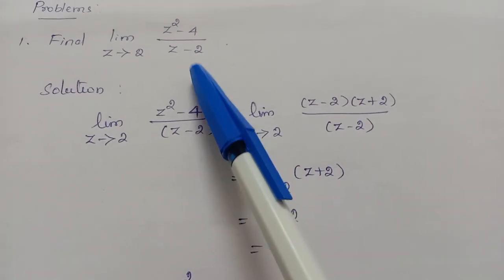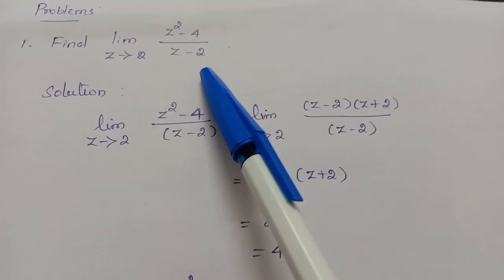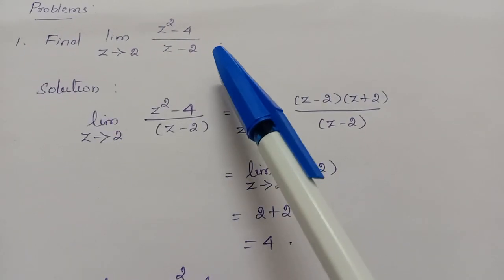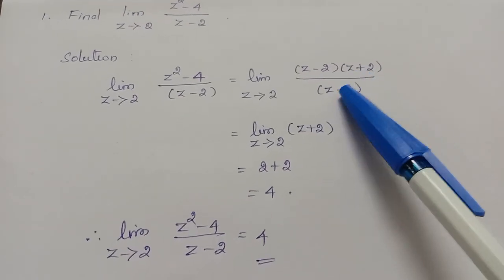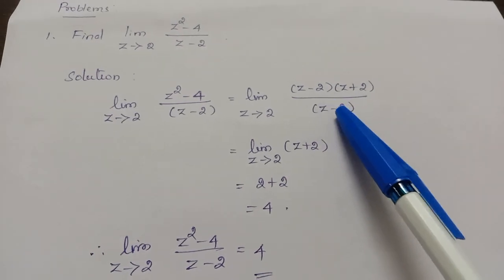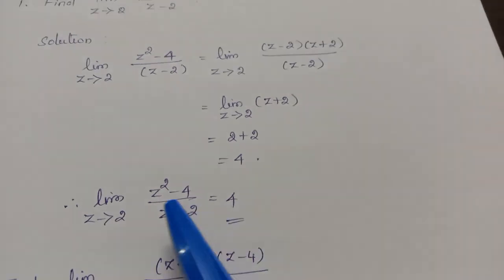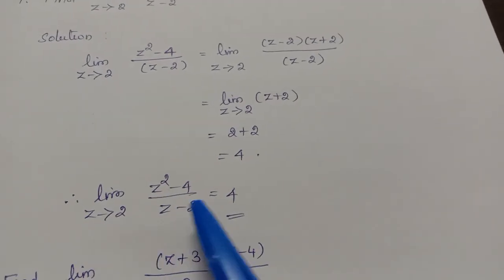That limit may exist or may not exist, but we are trying to find whether the limit exists there or not. So what we are doing here is just a simplification of the given terms in order to avoid that 0 by 0 form.